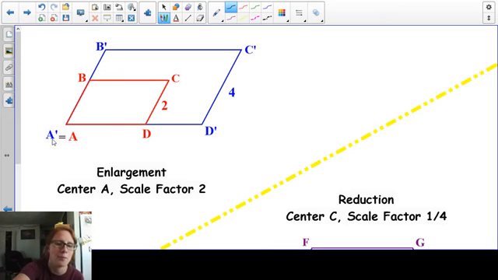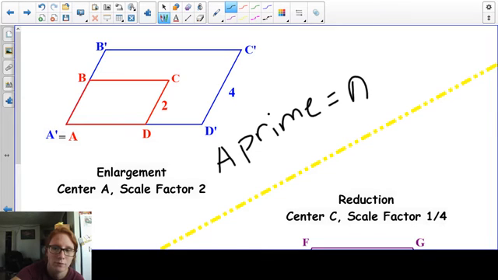That means A prime. Then we've got B prime over here, C prime way up here, and D prime down over here. So again, if it's been changed, it'll have that prime notation. That helps us indicate which is our first, or our pre-image, and which is our second, or our image.